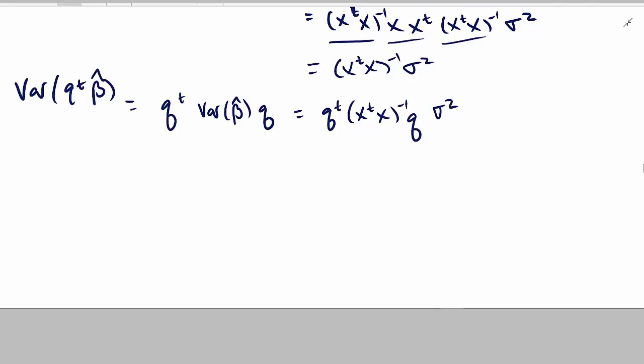Q transpose beta hat is an estimate of Q transpose beta, and we can show that this estimator is so-called BLUE. Not blue because it's sad, but blue because it's happy, because it's the best linear unbiased estimator.